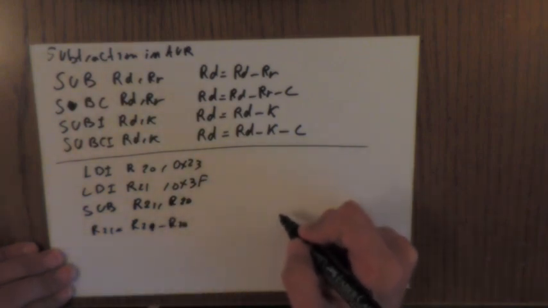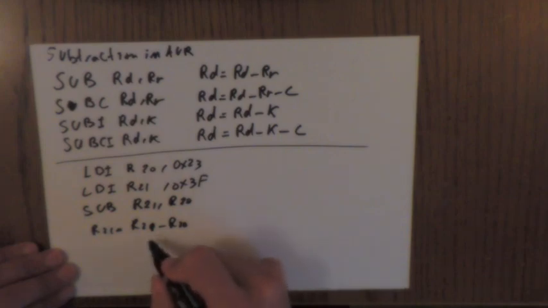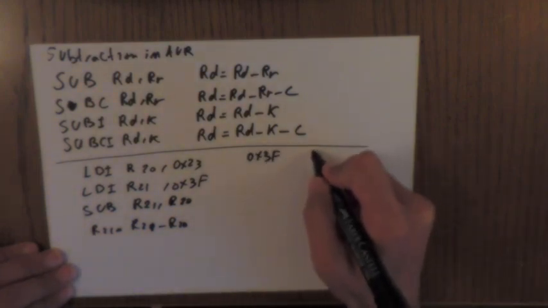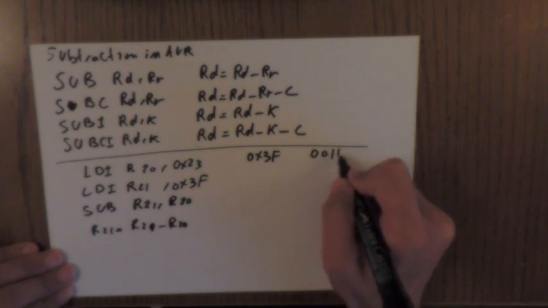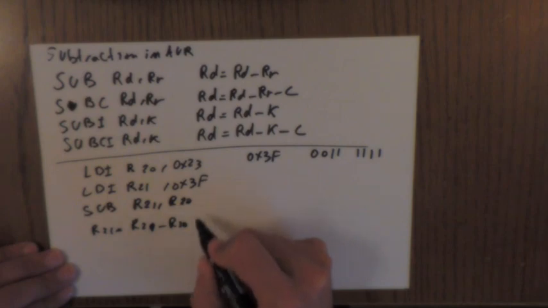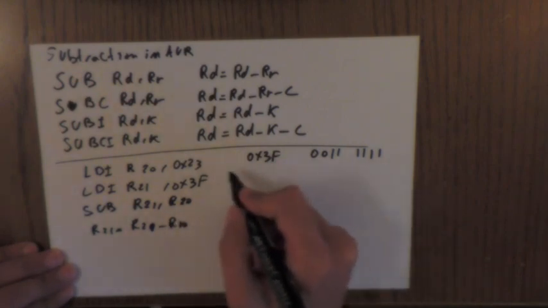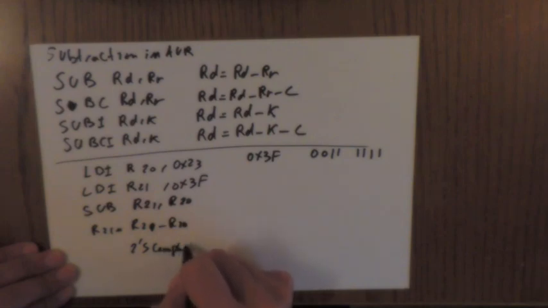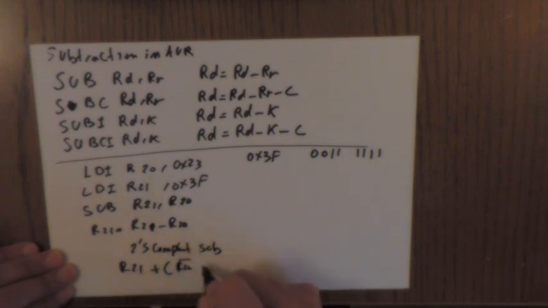If I want to do this manually, first I'm going to write the 3F, which is going to be 0011 1111. Then I'm going to write R20. Remember, here we're doing 2's complement subtraction. So effectively what we are doing is plus R20 bar plus 1.